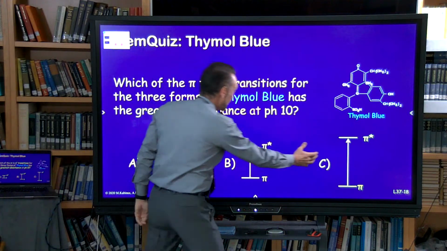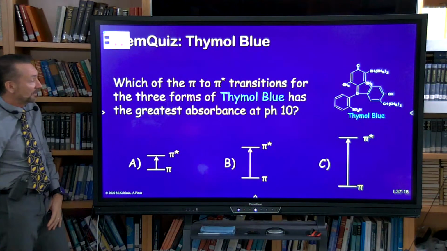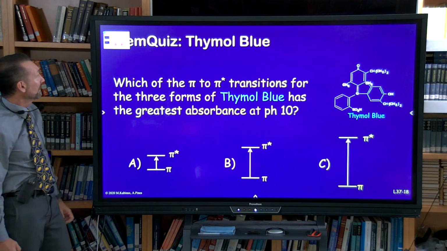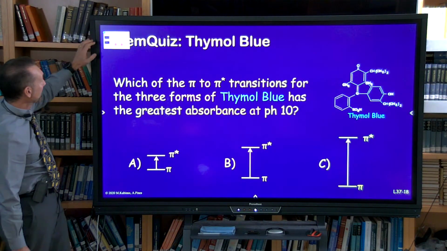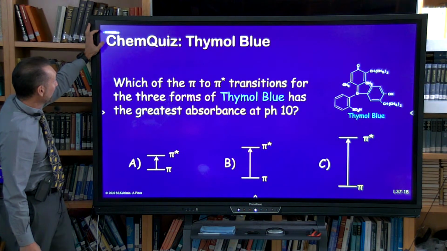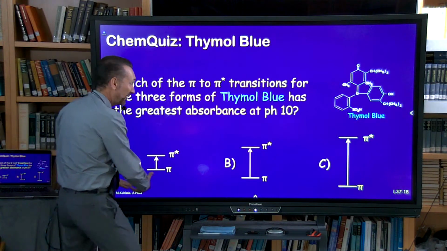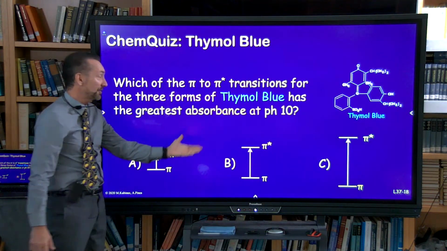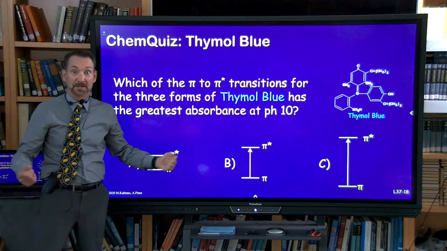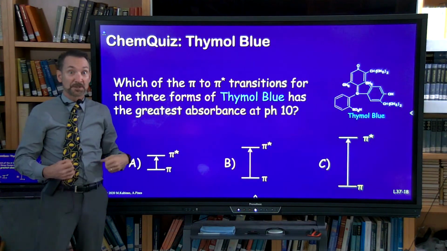A and C are quite popular, and B is not as popular. So equally split between A and C. Let me tell you what my thinking is here. So these are the 3 transitions. One is responsible for it being red, one is responsible for it being yellow, and one is responsible for it being blue.